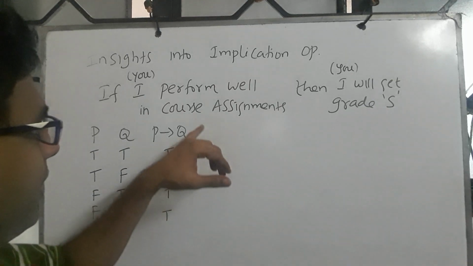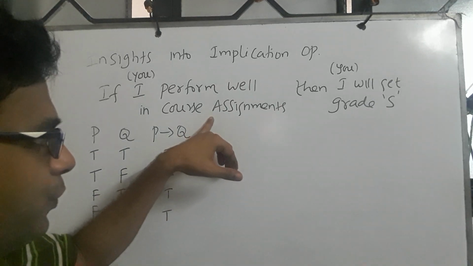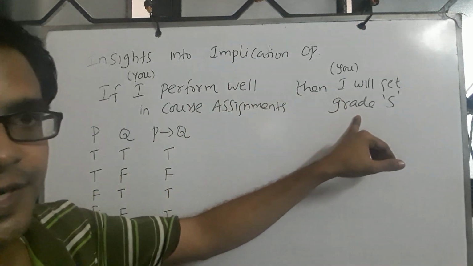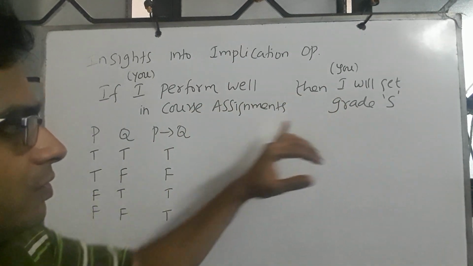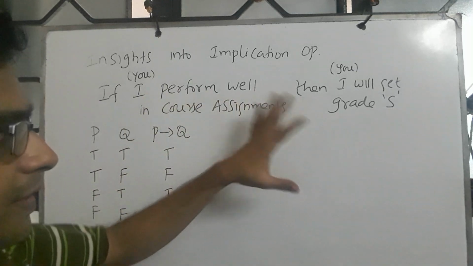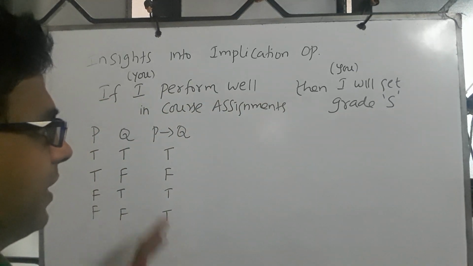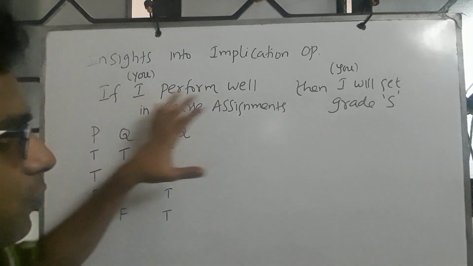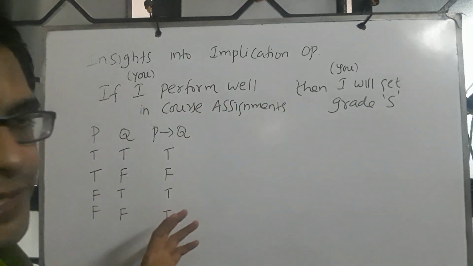Listen, it says you perform well and you are awarded grade S. So the teacher is respecting this claim or whatever promise he has made, and so the truth value of the conditional statement is true.